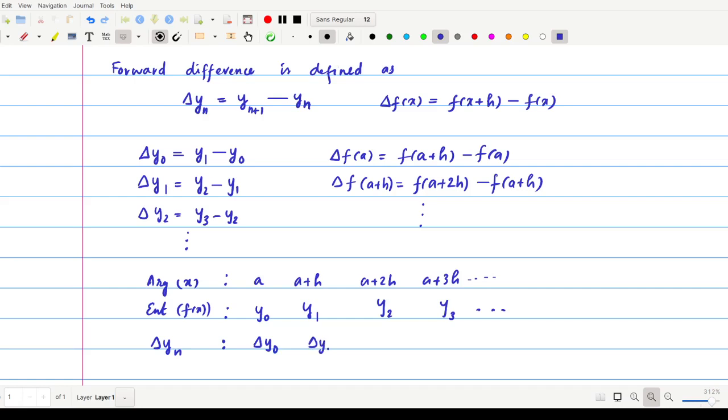Similarly, delta y1 is y2 minus y1, and delta y2 is nothing but y3 minus y2. Similarly, you can define delta y3 as well.